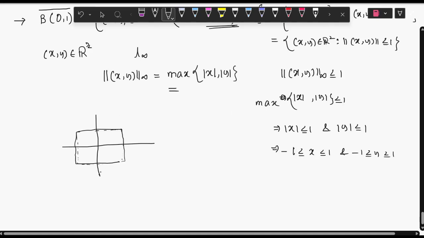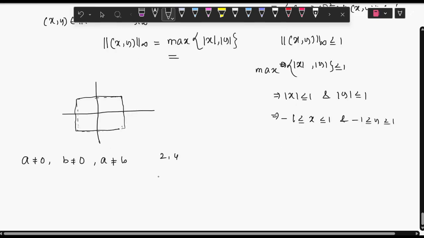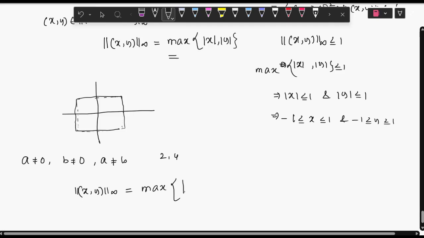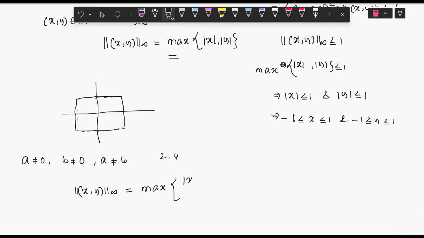Now we will scale this norm. If we take two non-zero real numbers a and b, with a not equal to b, like 2 and 4, or 2 and 6, we can scale the norm. Here a and b are two positive real numbers.